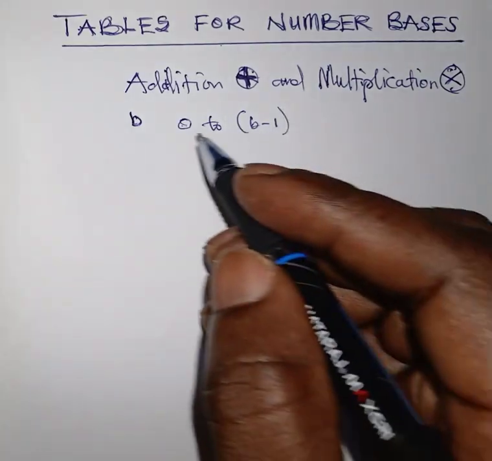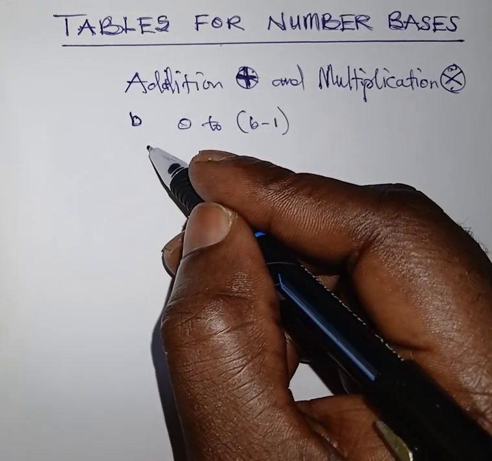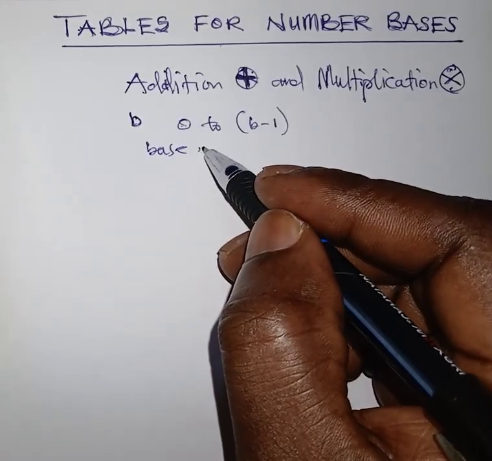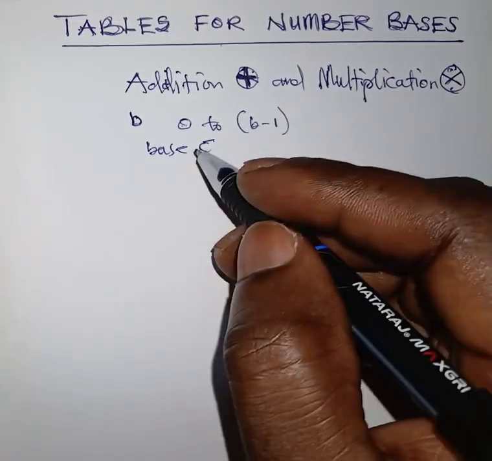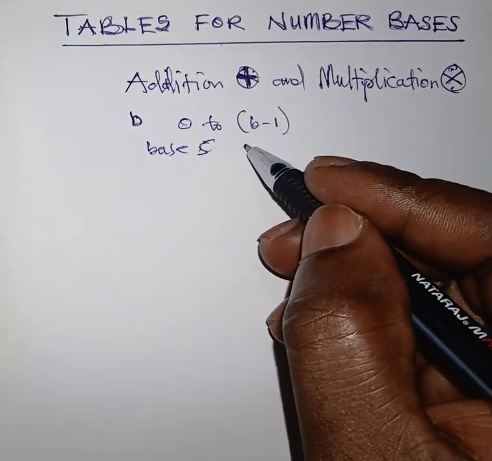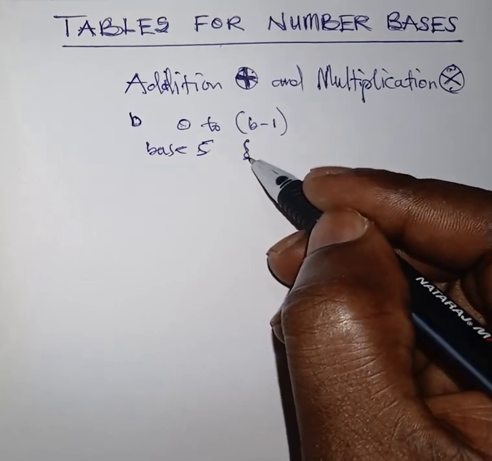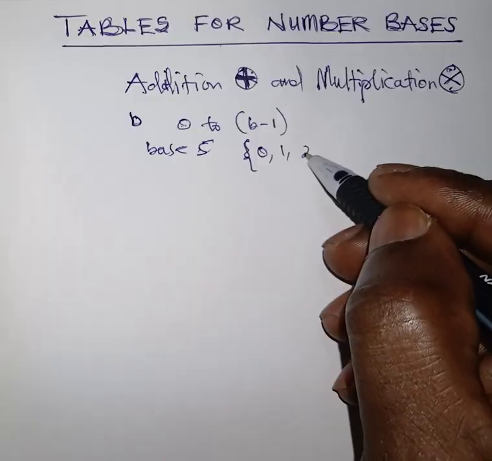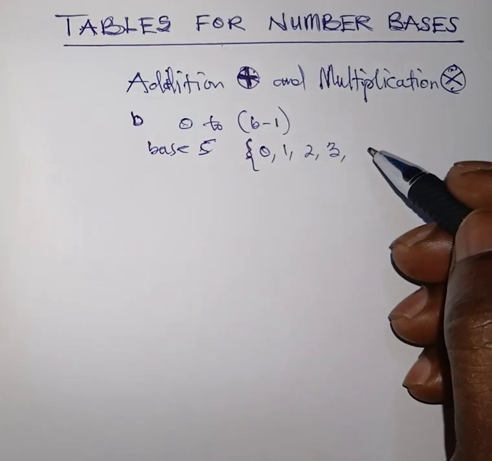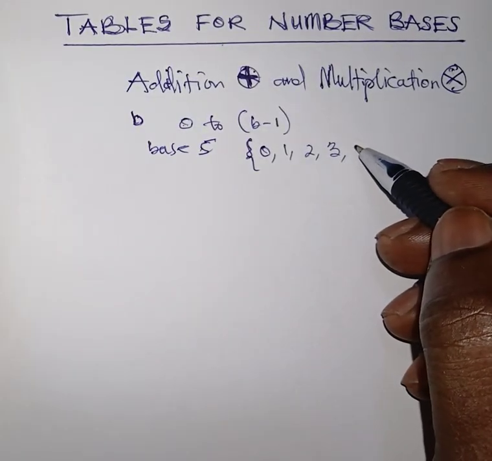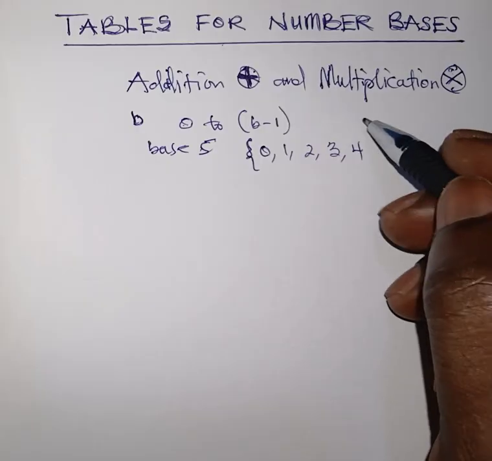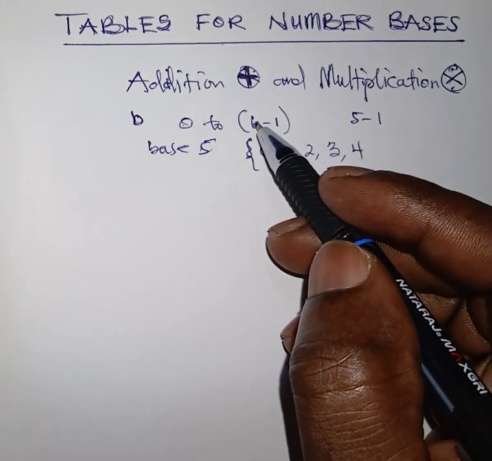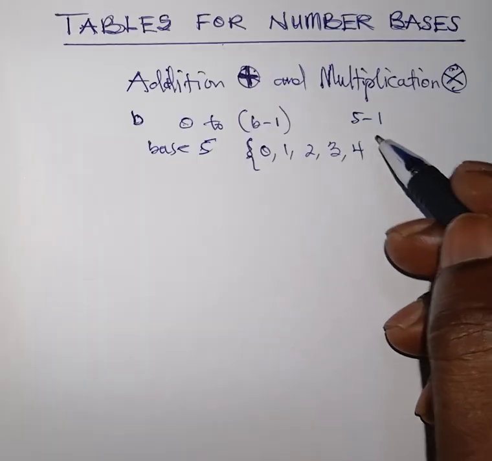So for instance, let's say you are given base 5. Now this will be your set of numbers. So you are going to write 0, 1, 2, 3, and then 4, because if you subtract 1 from 5, as we said, b minus 1, then you are going to get 4.